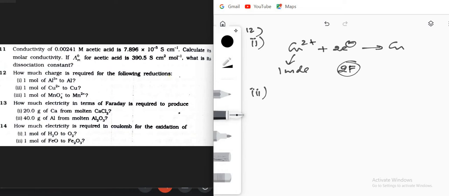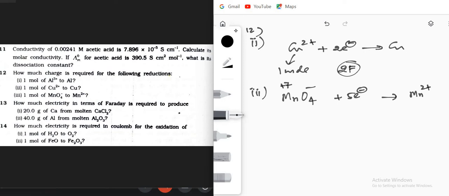To convert 1 mole of MnO4 minus to Mn2 plus. You know very well, in MnO4 minus the oxidation state of manganese is plus 7. Now it becomes Mn2 plus, which means we need to add 5 electrons. I am not balancing the equation, I am just focusing on the number of electrons required.